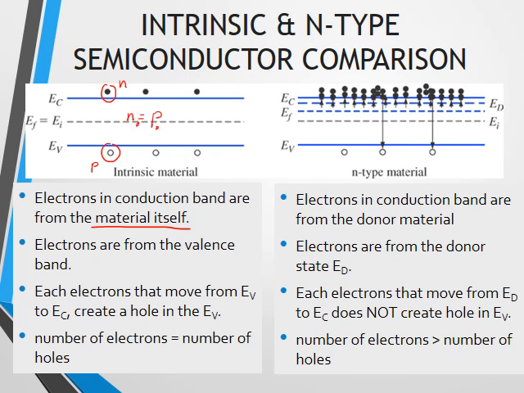For the N-type semiconductor, electrons that go into the conduction band are from the donor level created by the donor dopant. The electrons from the donor level create free electrons but do not create extra holes in the valence band. Thus, in N-type semiconductor, the number of electrons is larger than the number of holes.